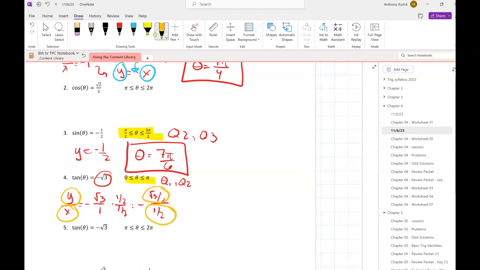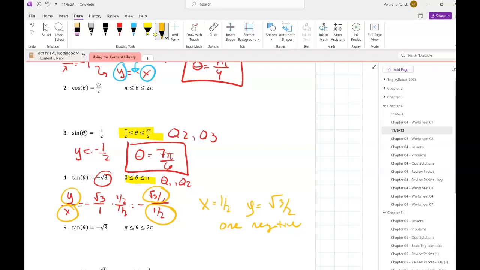I want a place where x is 1/2 and y is the square root of 3 over 2. And we don't know yet which one, but only one of them can be negative, right? I don't care which one, because a fraction can be negative if the numerator's negative or the denominator's negative.